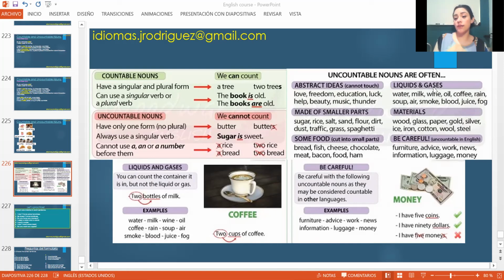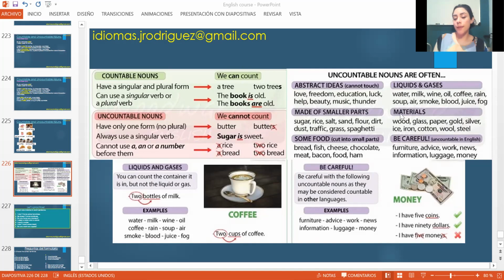Agua, leche, vino, aceite, café, lluvia, sopa, aire, humo, sangre, jugo y niebla. Liquids and gases. Then materials: wood, glass, paper, gold, silver, ice, iron, cotton, wool, steel.